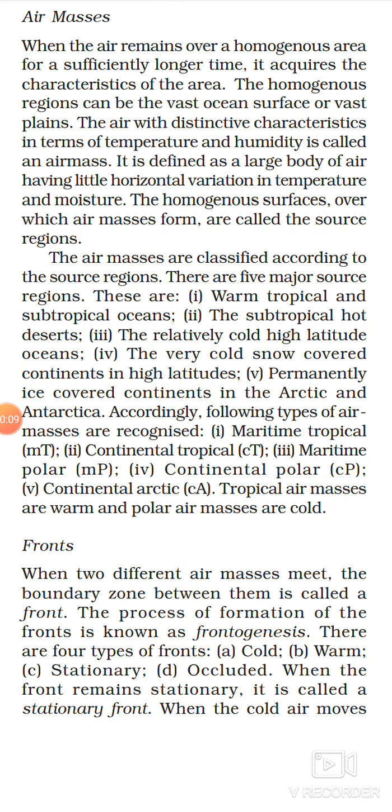So these are the source regions. Warm tropical and subtropical oceans create a different kind of wind, and the subtropical hot desert also creates a different kind of wind, which is quite warm, dense, and actually hot. The relatively cold higher latitude ocean creates a cooler kind of wind.